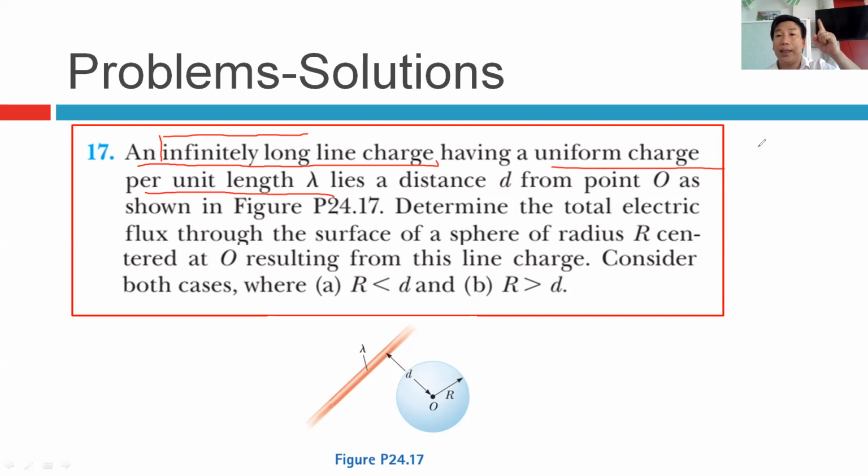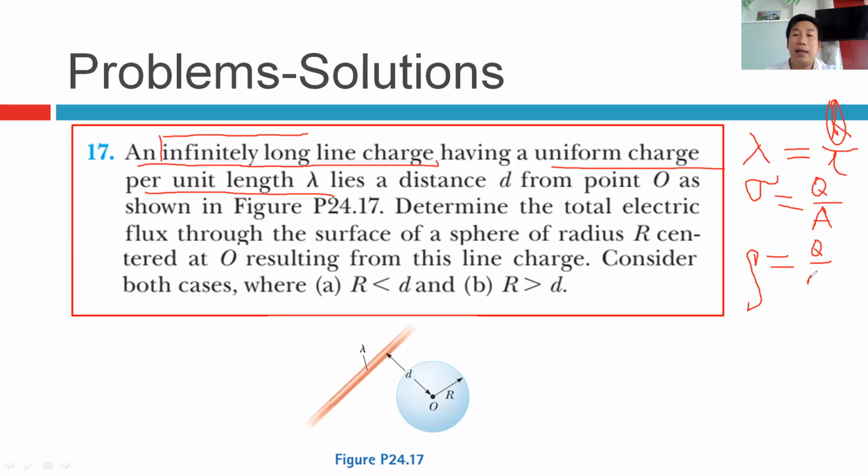The one-dimensional density is usually denoted by the lambda symbol, that is Q divided by the length. The two-dimensional charge density is usually sigma, that is Q divided by the area A. And for the 3D charge density, we usually use rho, Q divided by V, right? In this case we have the one-dimensional charge distribution.